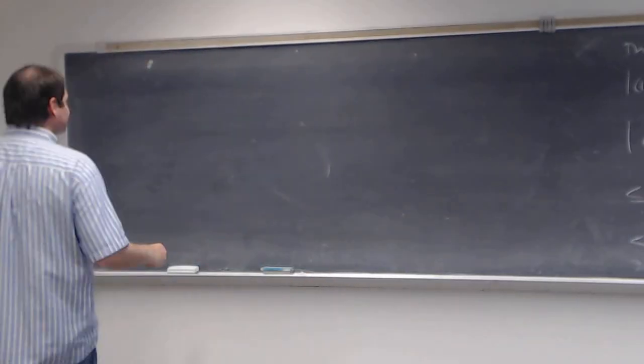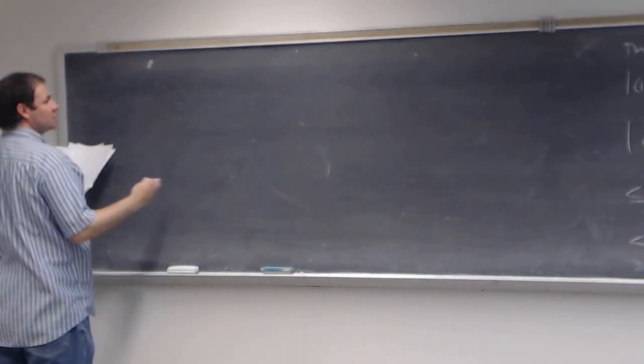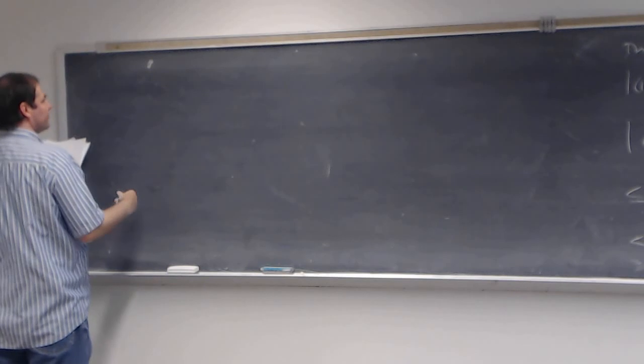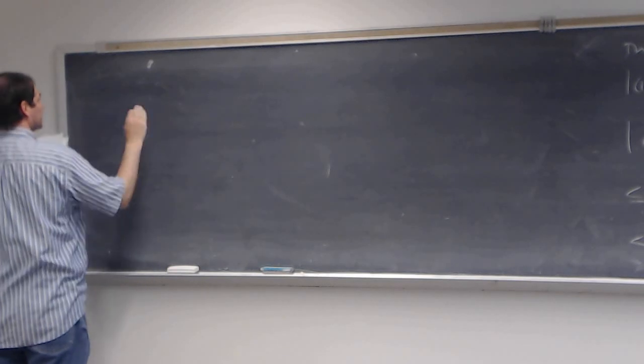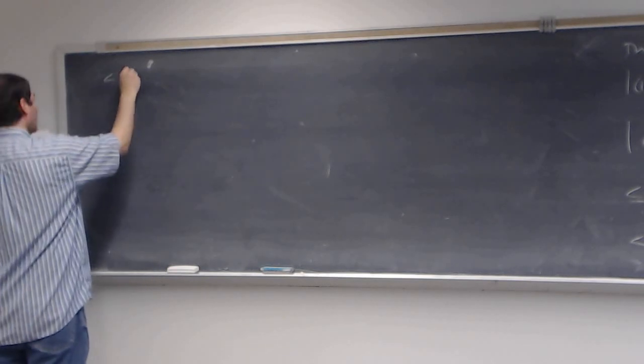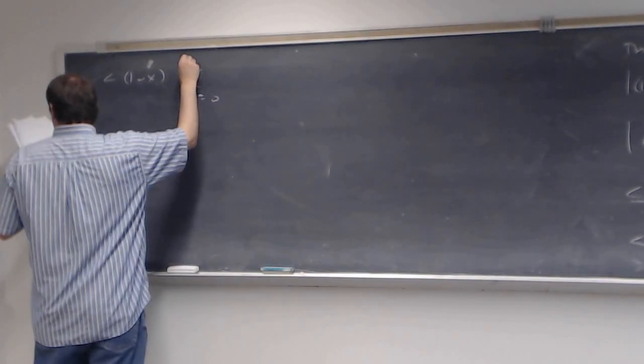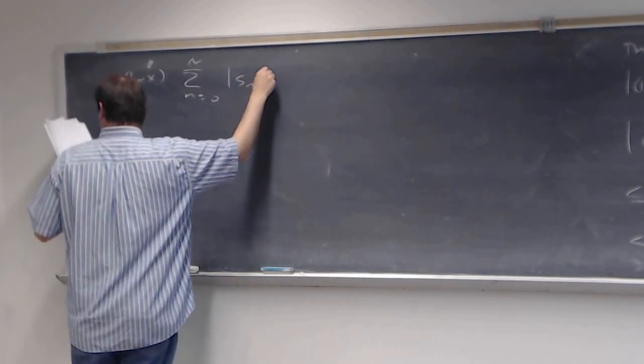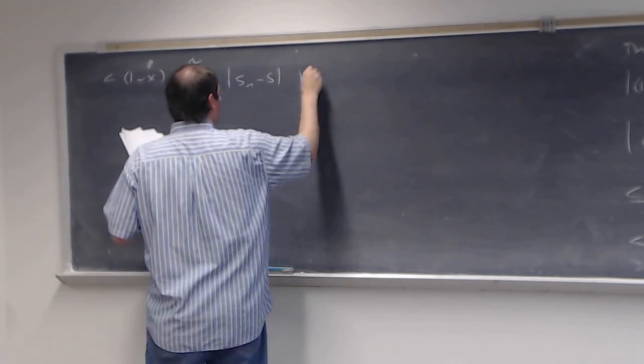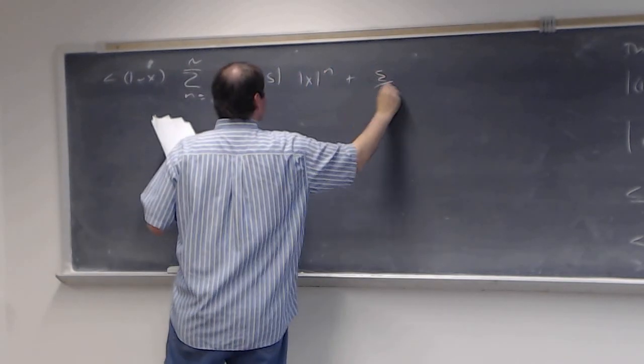That last sum is going to be less than the sum running from 0 to infinity, and that time the x to the n was just 1. So this is going to be less than 1 minus x, write down the first sum, plus epsilon over 2.